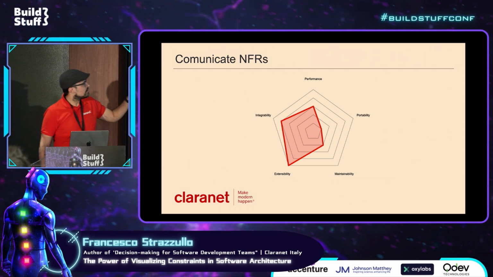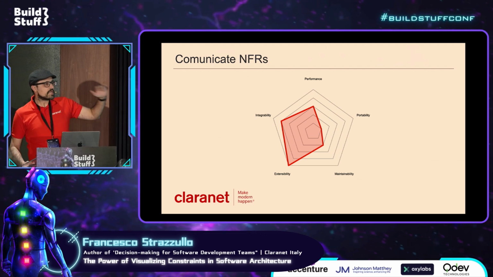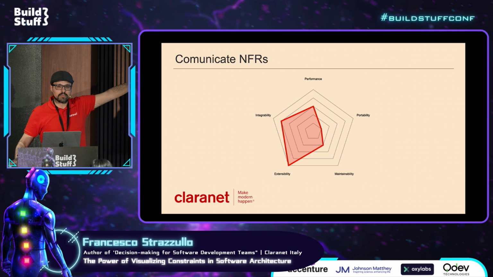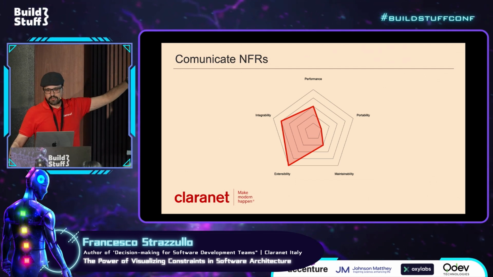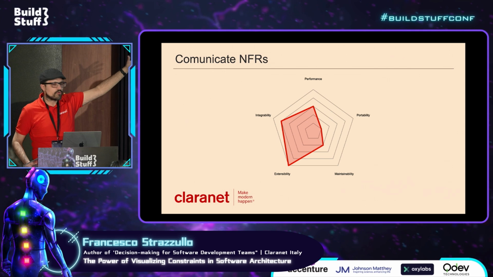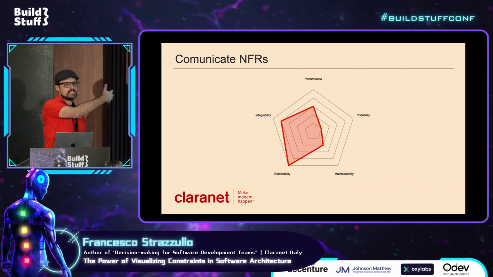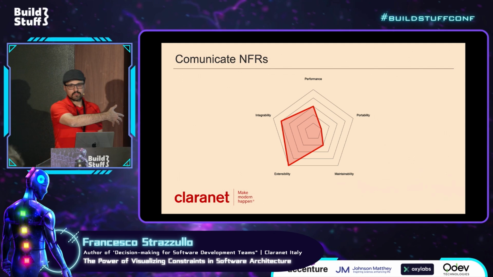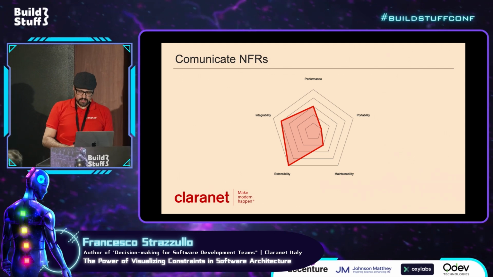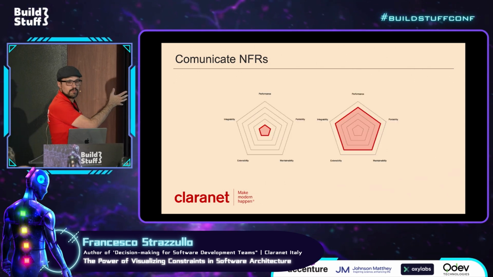And then you can tell, okay, but in order to achieve the maximum grade of sustainability and a good amount of integrability, I can sacrifice portability and also performance and maintainability on the second order. This is the story that this chart is telling. Like I said before, a picture is worth 1,000 words. But this picture is worth 1,000 words, not this one.